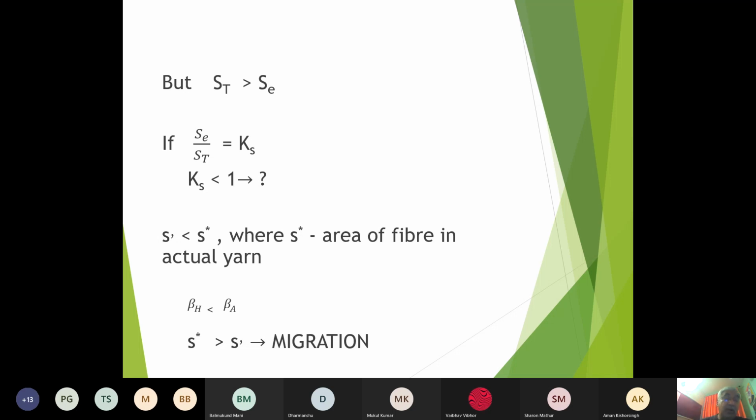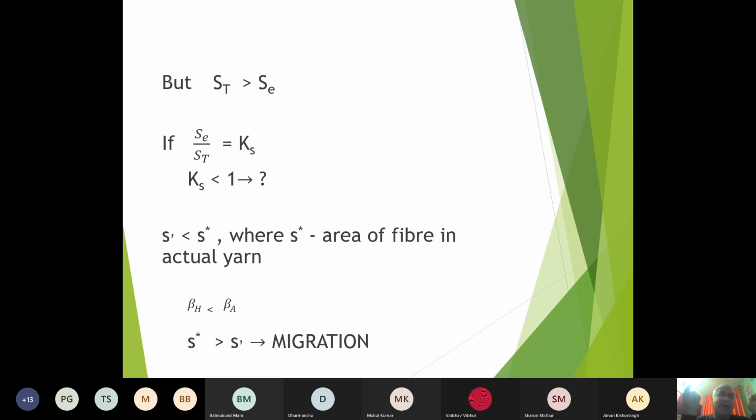Now in this model, one of the assumptions we have taken is again not applicable in real yarn. In the first model, we took into consideration that fibers are straight and parallel. Then we found that in yarn, fibers are not straight and parallel; they have a helical configuration. So in the second case, we considered a helical configuration.